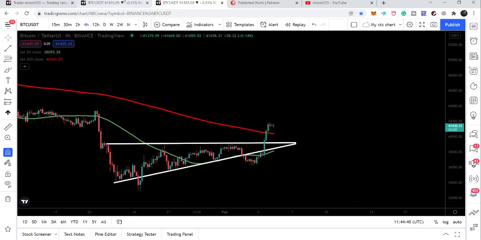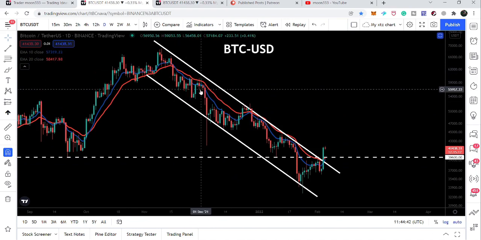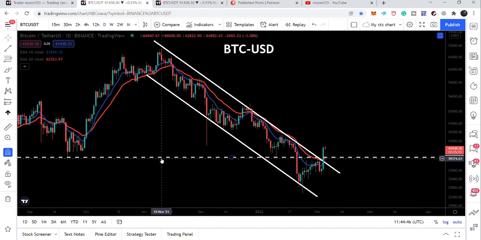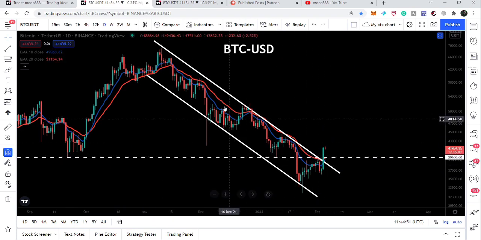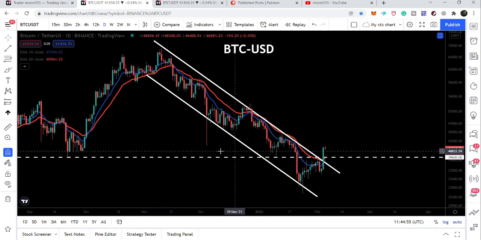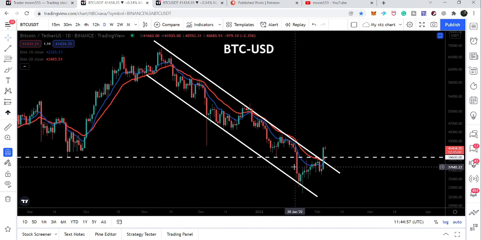Now if we switch back to the daily time frame, here we have broken out of the resistance of the down channel, and this was another very important resistance we had at $39,600. When we were moving around this resistance and it was working as a support, I have been telling you that it is a really very strong support.